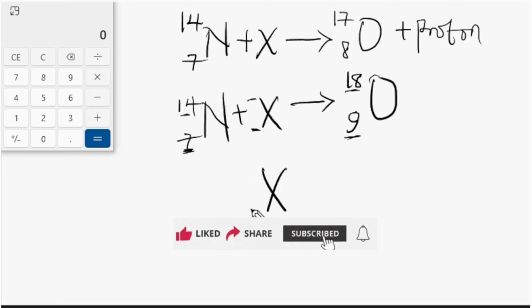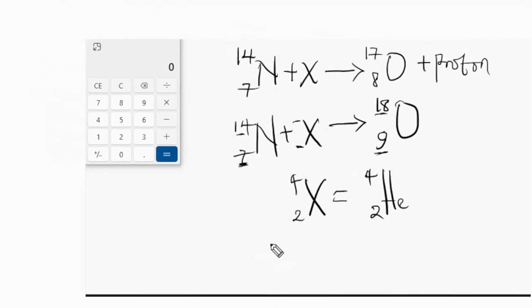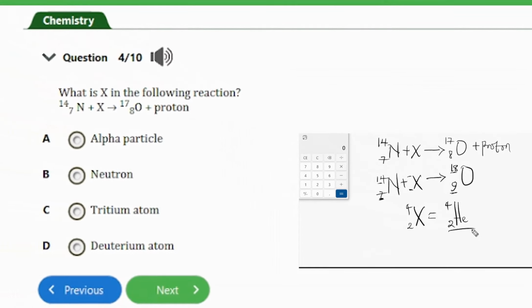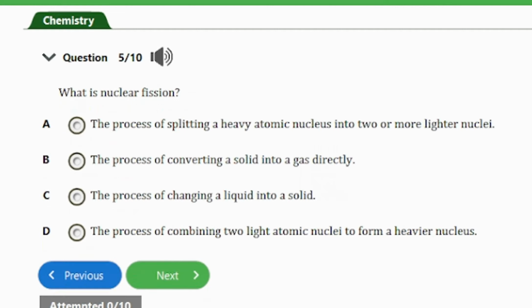So X will be such that we'll have 2 here, and then 18 minus 14 will give us 4 here. So what element has this? That's helium, and that's this. So if this is for helium, it means this is an alpha particle. So the correct answer to this question will be option A here, and that's alpha particle. So we are going to wipe this, and then let's consider the next question.